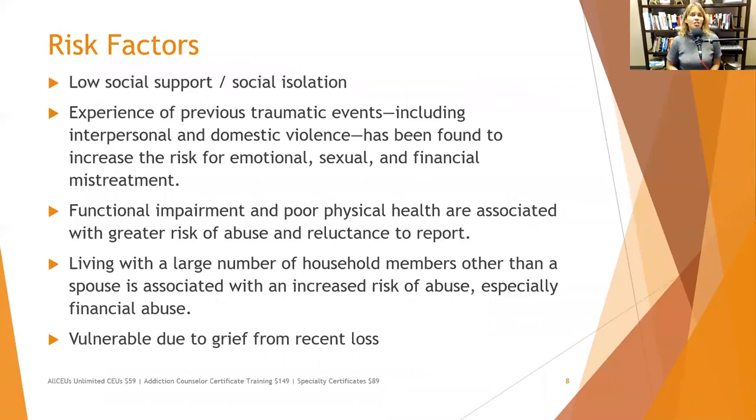Other risk factors for abuse and neglect include low social support and social isolation. If the person is homebound for some reason, then it's easier for people to take advantage of them because other people aren't going to find out. Grandma's at home, nobody's going to see the bruises. So it's important to try to get those people to come out or get visitors to go in.